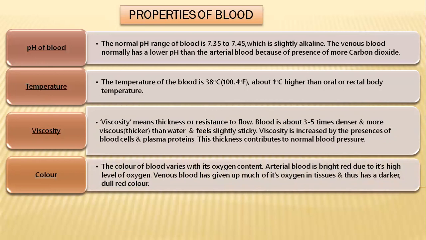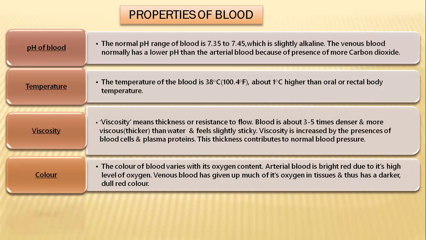Oxygen binds to hemoglobin and gives that bright red color, as opposed to venous blood, which is giving off oxygen to the tissues, so you don't have much oxygen on the venous side. So the color there is a darker red as opposed to the arterial blood.